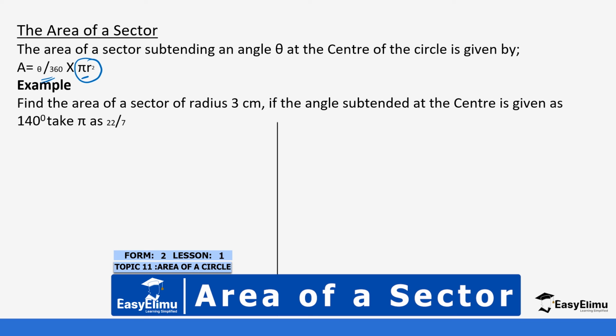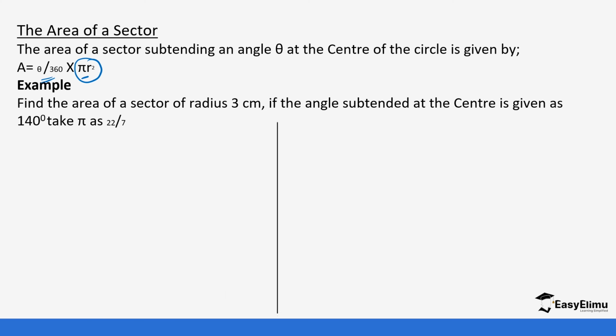So for example, find the area of a sector of radius 3 centimeters, if the angle subtended at the center is given as 140, and you can take pi as 22 over 7. So the first thing we do is write the formula, and we said that the formula is the angle over 360 times pi r squared.